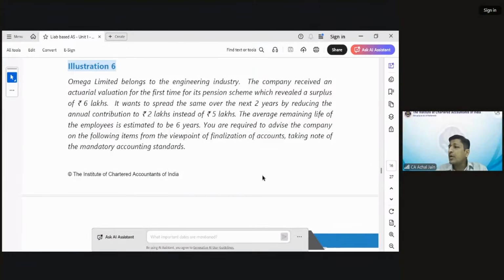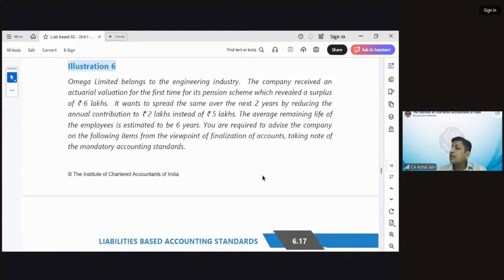What is your thought? There is an accounting treatment which the company is considering. Do you agree with this or not? Quickly, over to you. What do you think about this accounting treatment? Do you think it's appropriate?